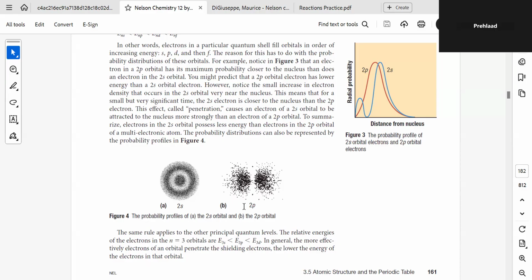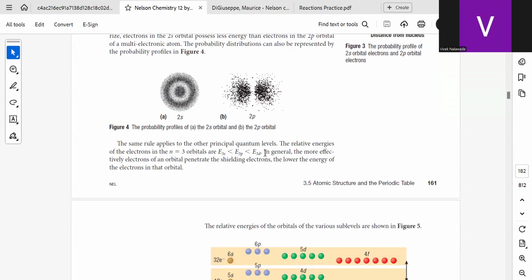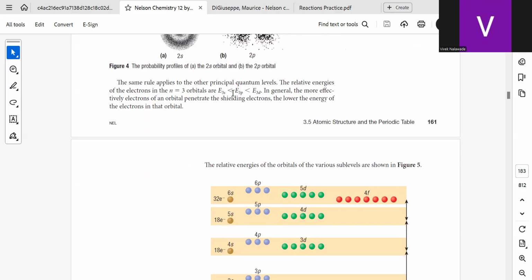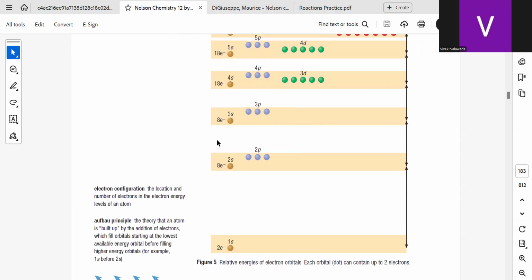Okay, so this is clear to you, 2s, 2p, right? 2p appears like a dumbbell, and this is the probability. So we need to remember that if this is 1s, this is 2s, this is 2p.